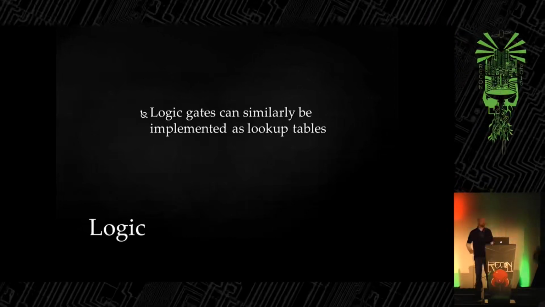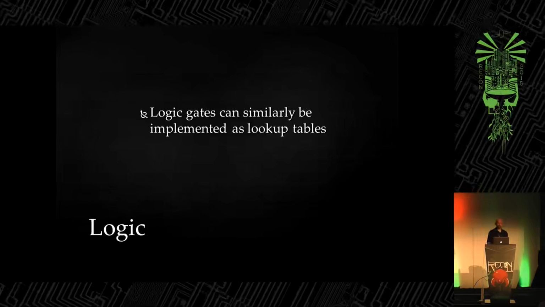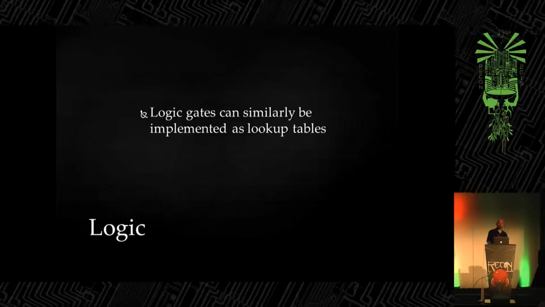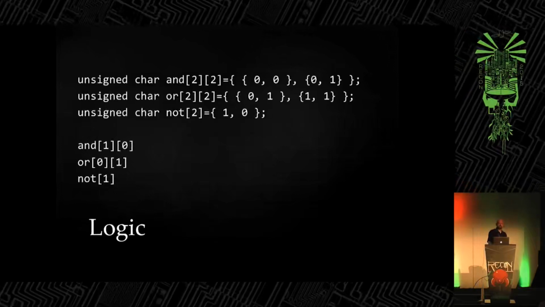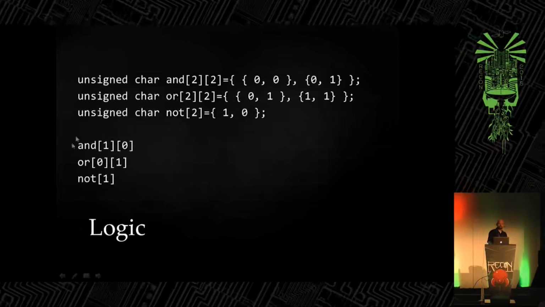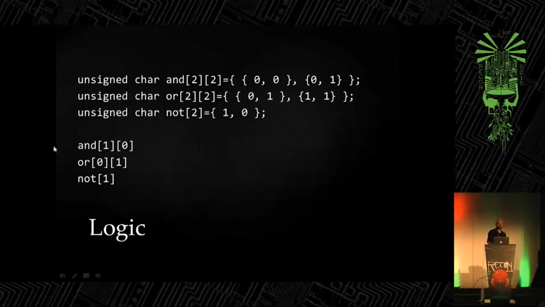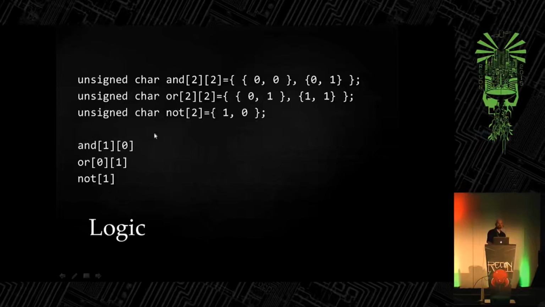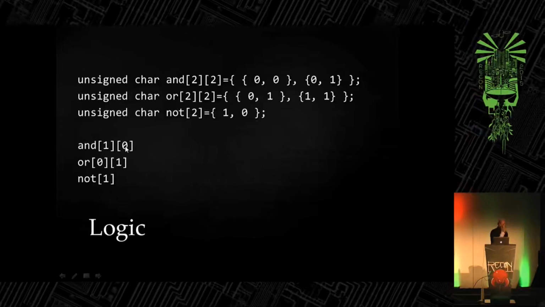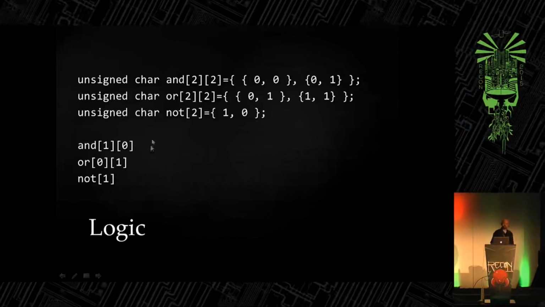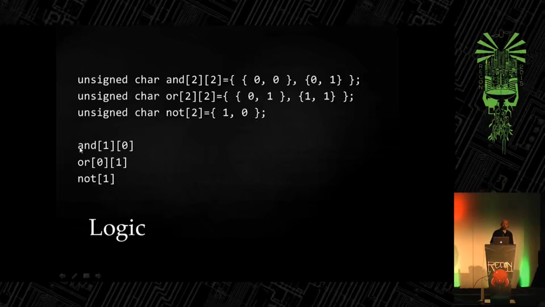We still need logic gates. We need to be able to say things like and, or, not, stuff like that. And we can do that with lookup tables too. This is a little bit easier to visualize in C. Let's say we wanted to figure out what is the logical and of 1 and 0 without using an and instruction, just using lookup tables. Well, we can do that with this table.